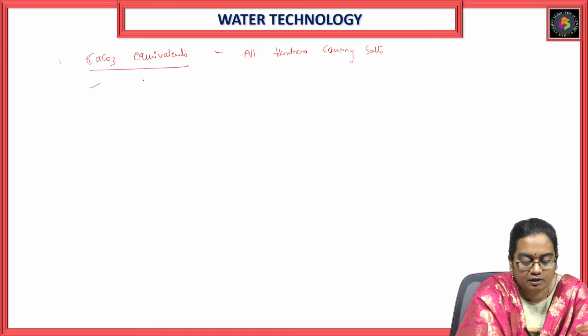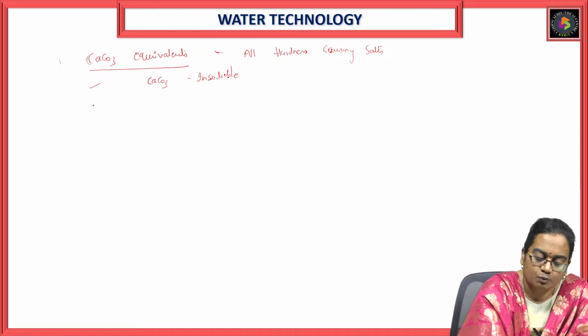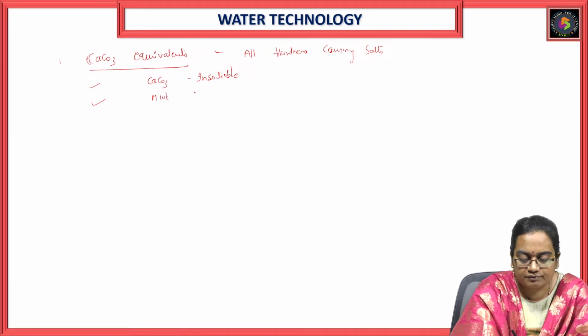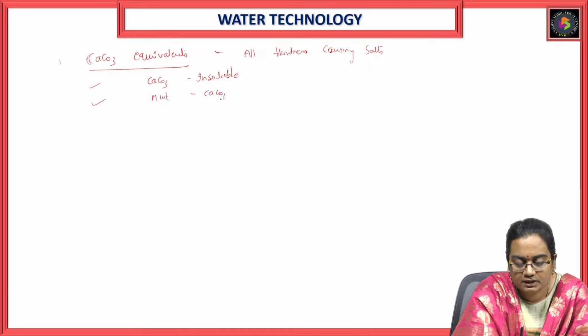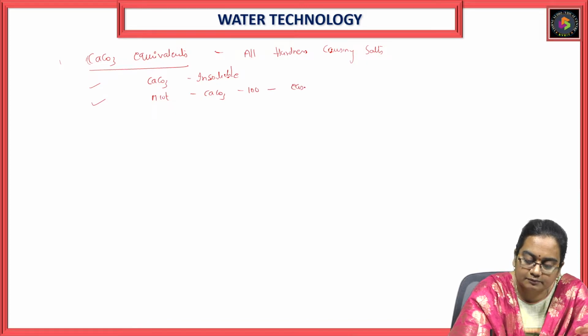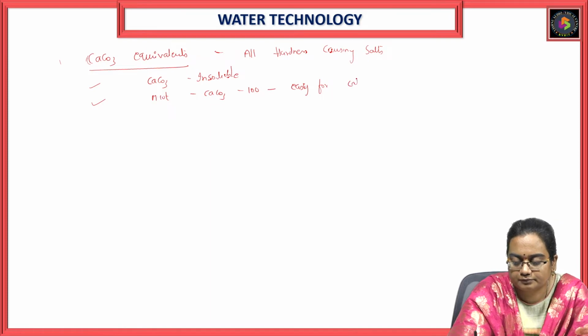Calcium carbonate is highly insoluble in water. That is one reason. Second, as the molecular weight of CaCO3 is 100, it is easy for calculation.